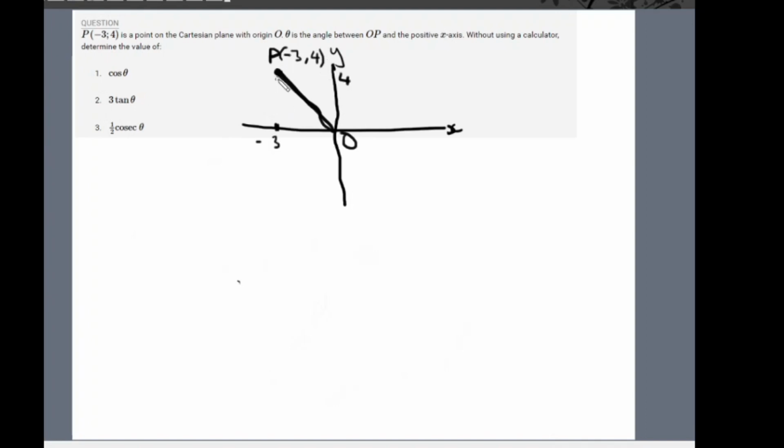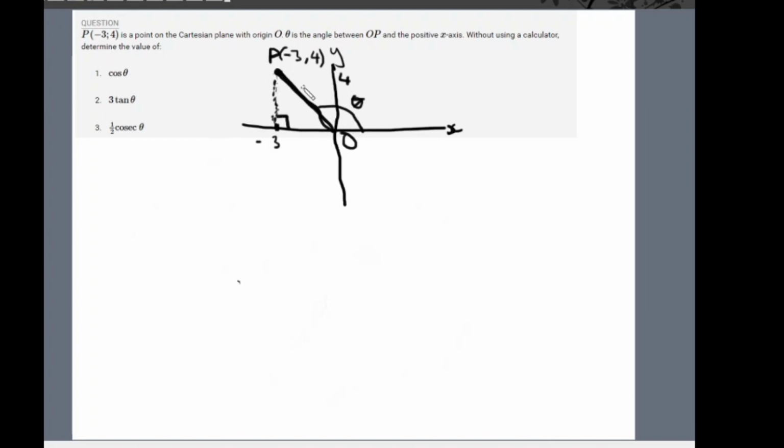And then we can construct a right angled triangle by drawing a dotted line which is perpendicular to the x-axis. So now we have a right angled triangle, and theta is the angle between OP and the positive x-axis. So theta is that angle there, right? That's theta. And then they want us to calculate the value of these trigonometric ratios.